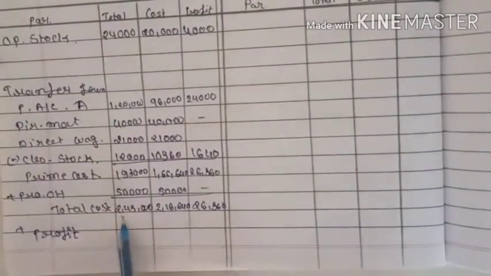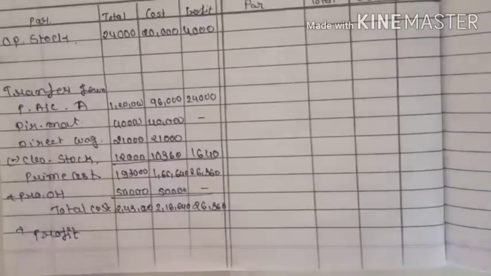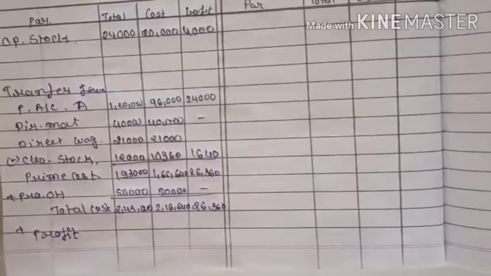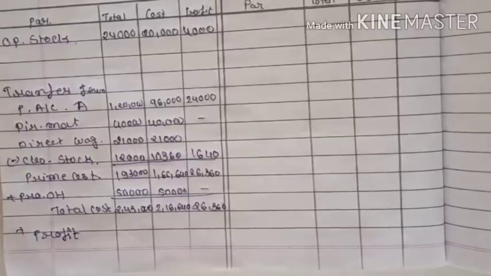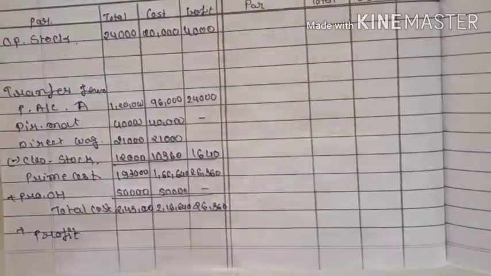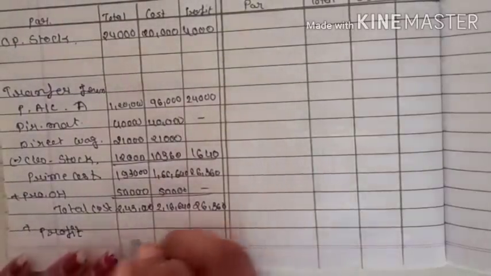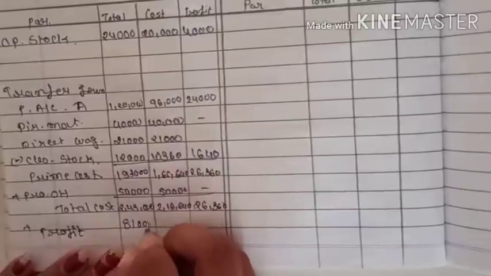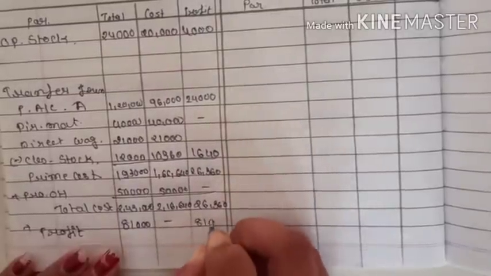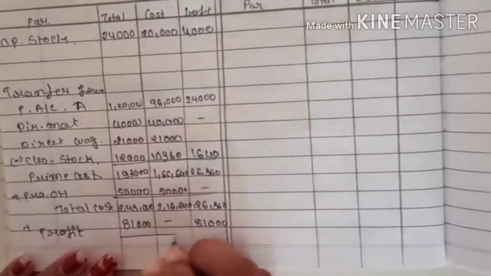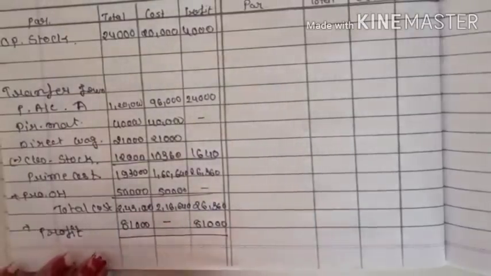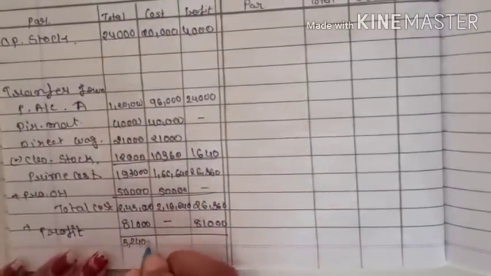So here total cost is given, 2,43,000. We have to add 33%. 2,43,000 into 33.33%, we get 80,999.90, so we rounded it off to 81,000. So profit is 81,000. Total it out: 3,24,000.